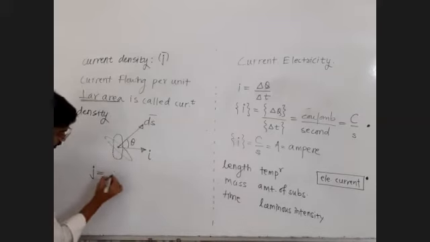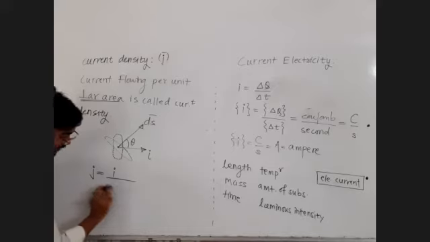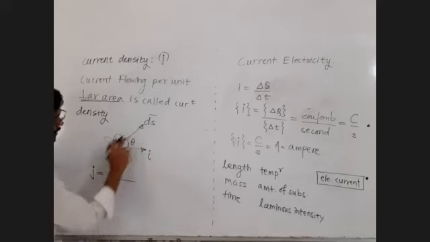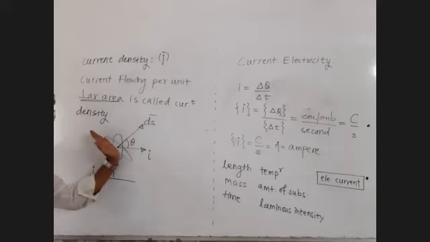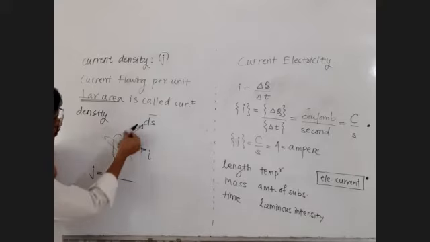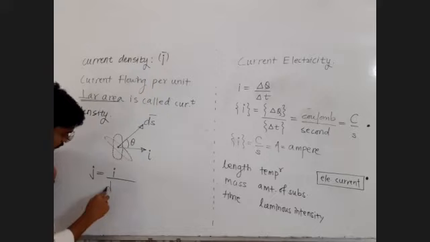So current density is current per unit perpendicular area. So let's make the area perpendicular. When you make the area perpendicular to the current, the area vector becomes parallel, so the component of this ds will be ds cos theta.